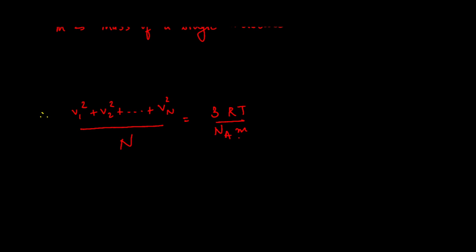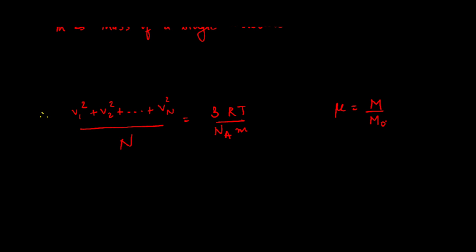Now instead of putting R upon Na as Kb, we'll go in a slightly different direction. So this is what we'll do. Do you remember that molar mass and number of moles have this relation?